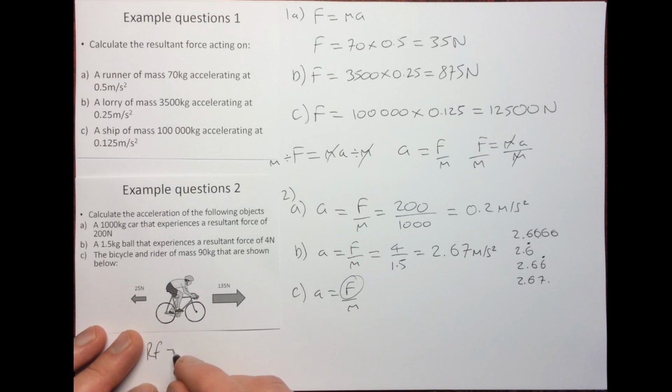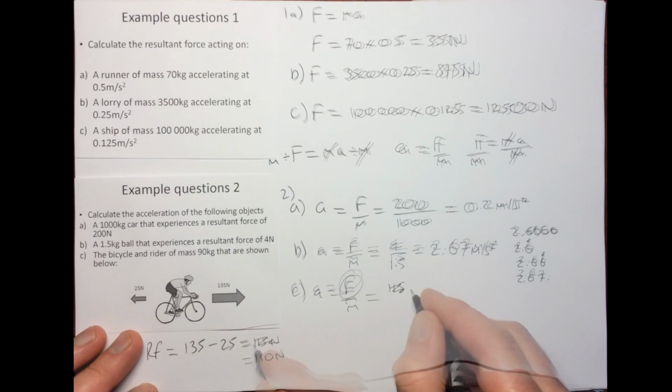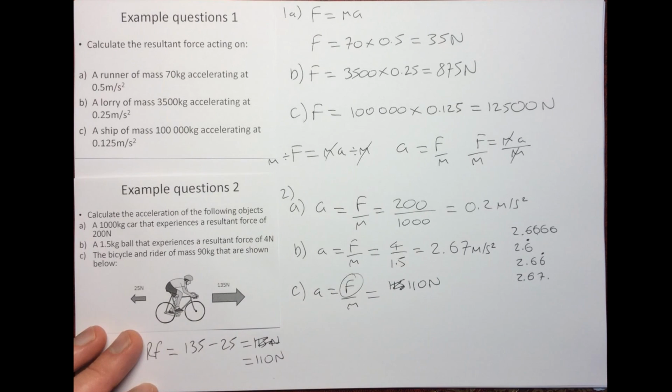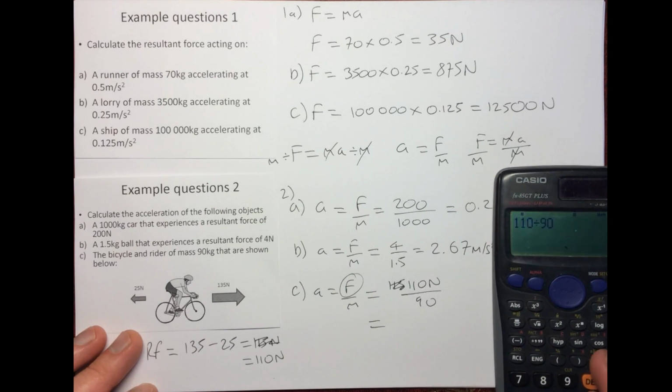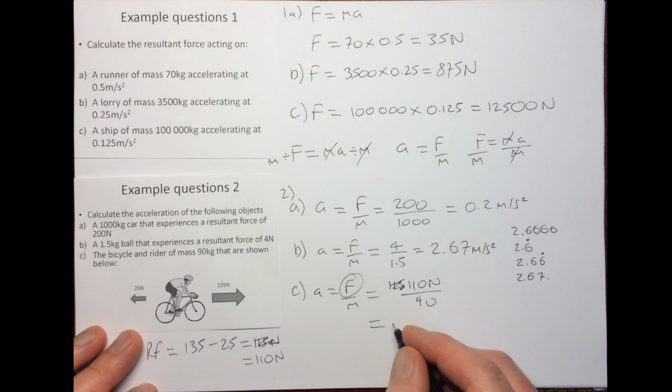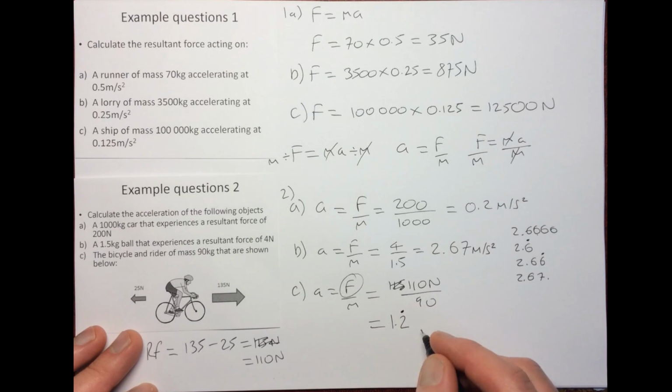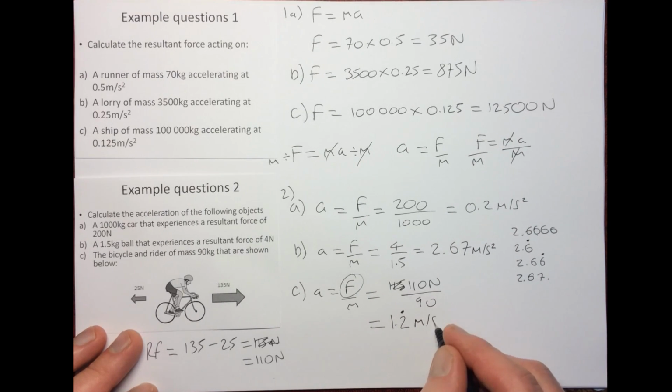So the resultant force here is 135 take away 25, so that's 110 newtons. Okay, and then you're dividing that by the mass, and the mass is 90 kilograms here. Okay, so that's going to be 110 divided by 90. Okay, and that's going to give you 1.2 recurring meters per second squared.